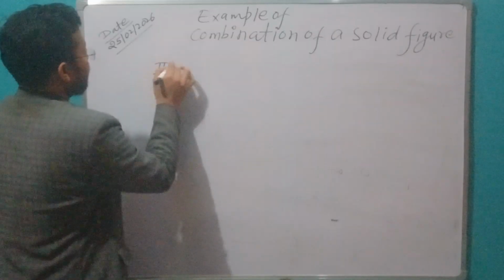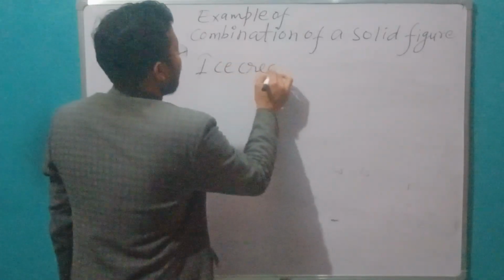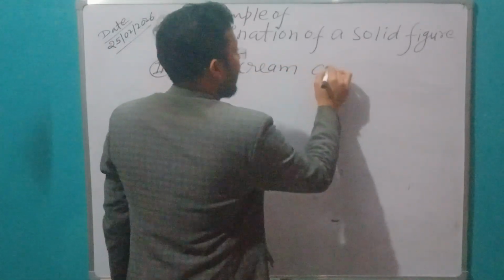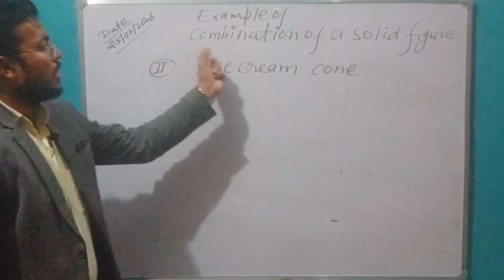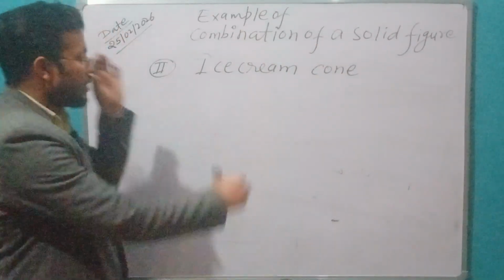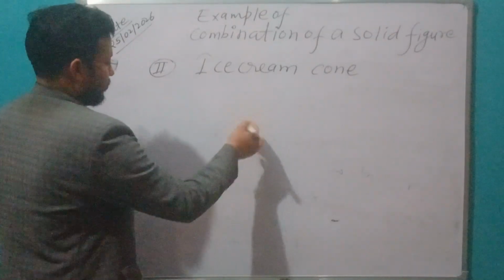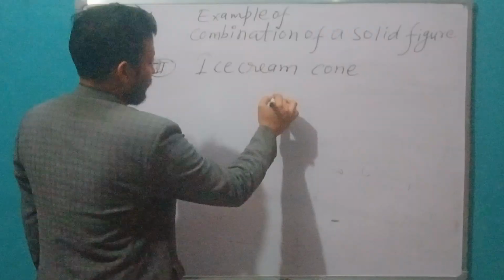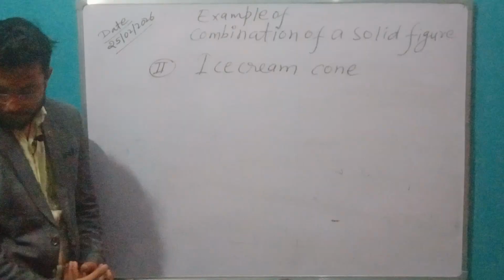The second example is the ice cream cone. This is also a combination of solid figures.